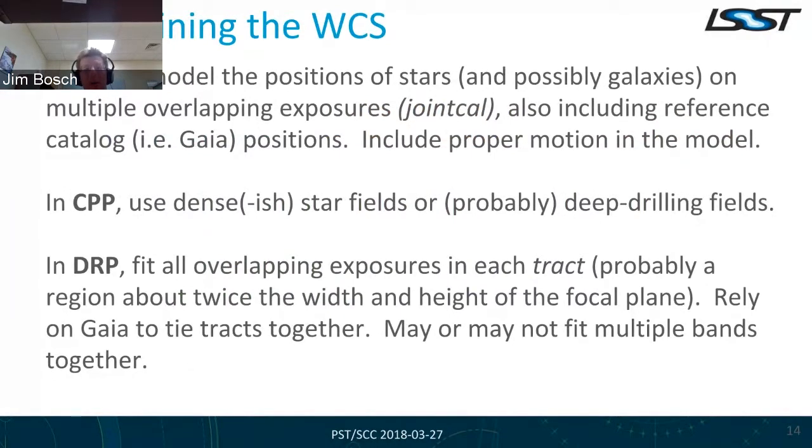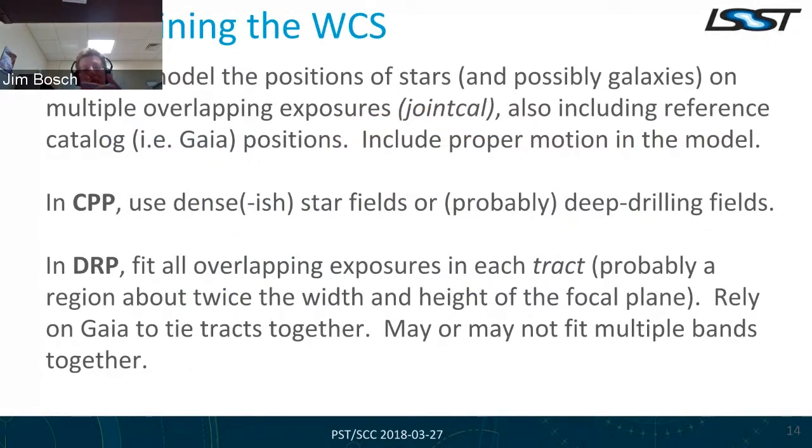is certainly going to be Gaia, and that will be much more powerful than tying to reference catalogs has been in the past, because the Gaia catalog is much better constrained, and it really is a rigid system that we can tie to. So to a large extent, we're essentially just mapping out the coordinate transforms on spatial scales that are smaller than the distance between Gaia stars.